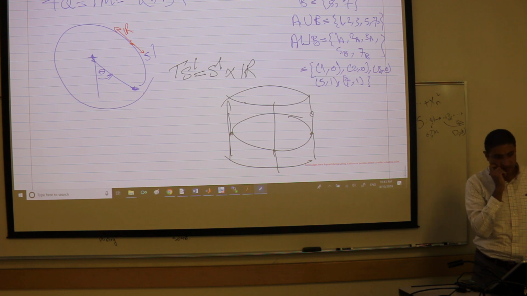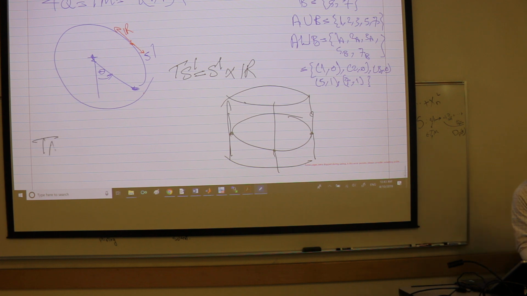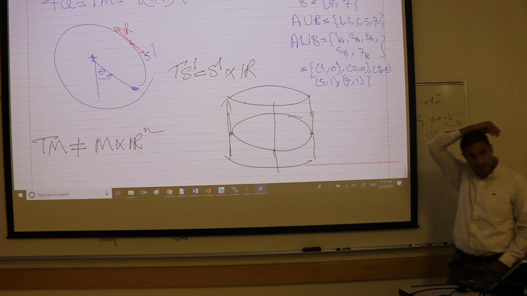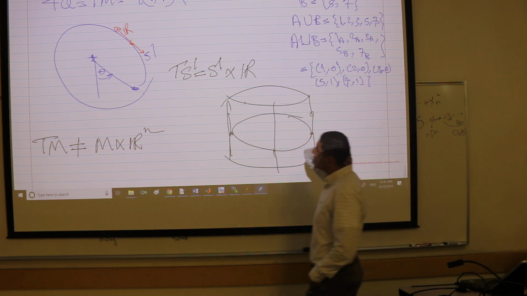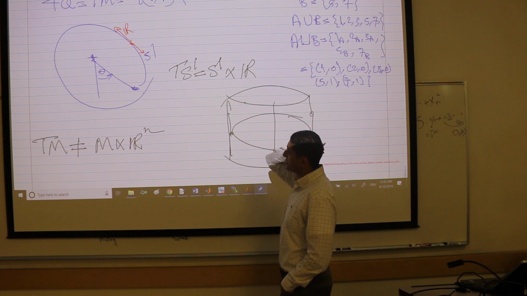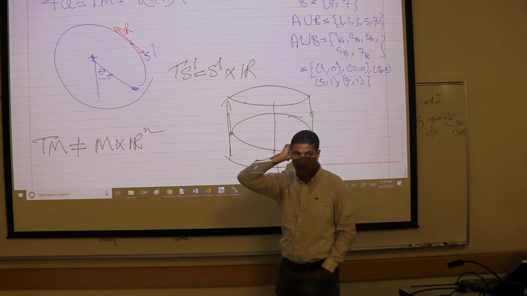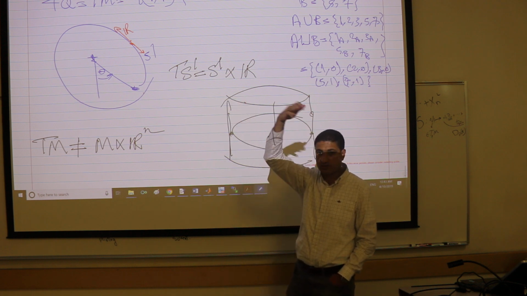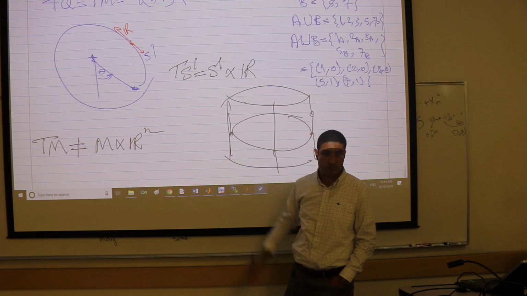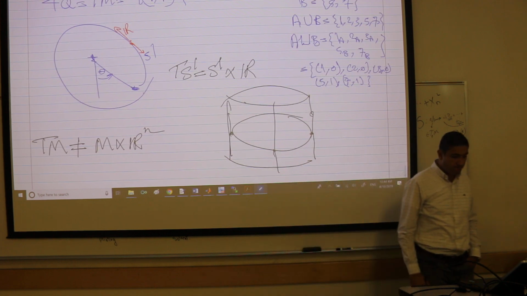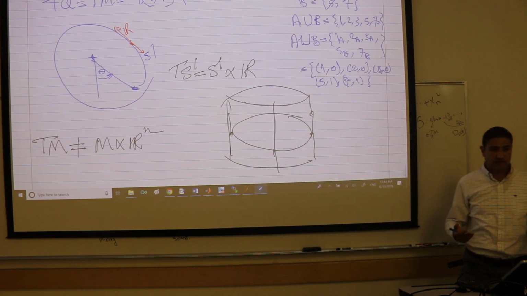In general, TM is not necessarily equal to M cross Rn. Yes, please. What does the real number R represent? Velocities, right? At this point, you can have velocities, any positive or negative number, because we're collecting positions and velocities now.